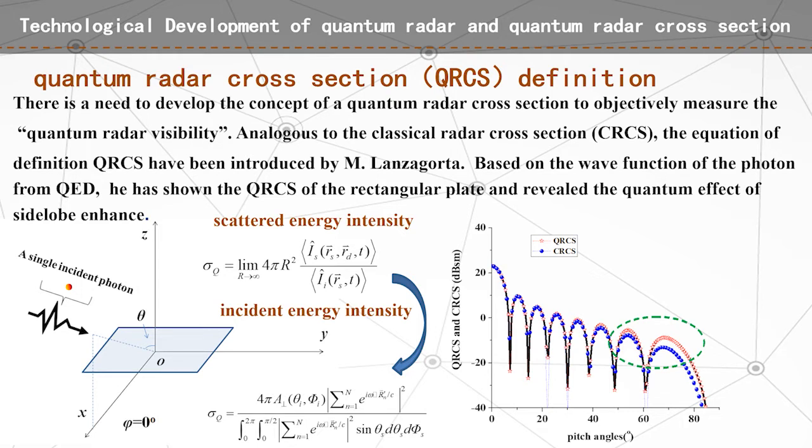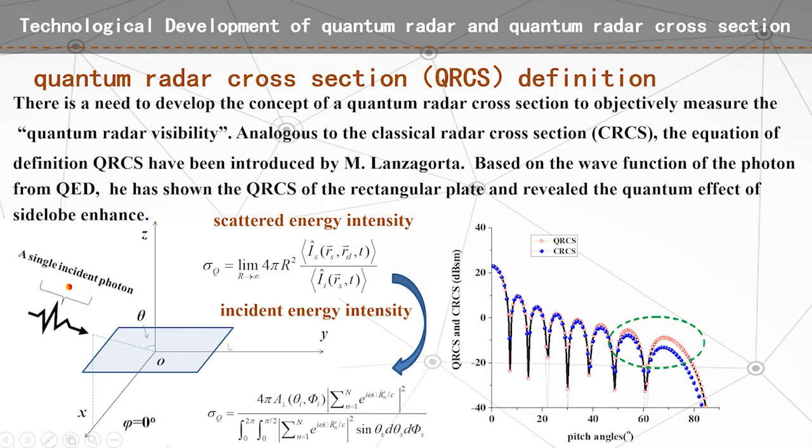Analogous to the classical radar cross-section, CRCS, the equation of definition of QRCS has been introduced by Marco Lanzagrota. Based on the wave function of the photon from QED, he has shown the QRCS of the rectangular plate and revealed the quantum effect of side-lobe enhancement.